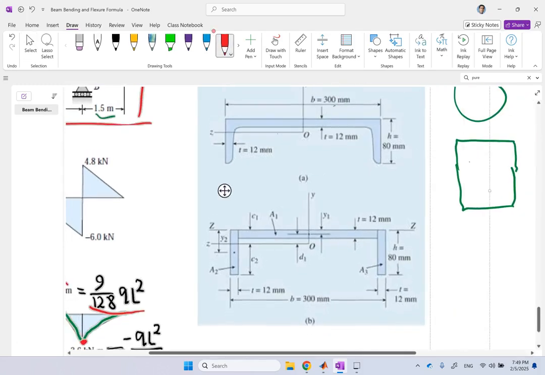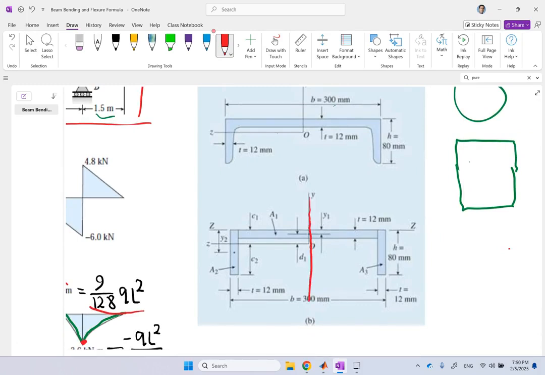But clearly, since this has an axis of symmetry here, you know the centroid should be on the y-axis, but where? Here, you'll find the centroid of each one of them. So the centroid of this AD is here at 40, the centroid of this one is also at 40, the centroid of this 12 is at 6 up here. So you find each and every one of these y's of their centroids, multiply by the corresponding area, and that gives you the y bar for the entire cross section.